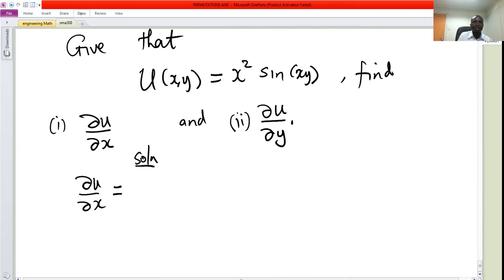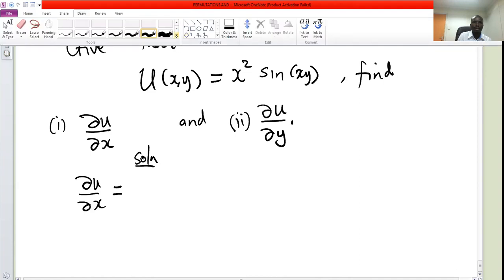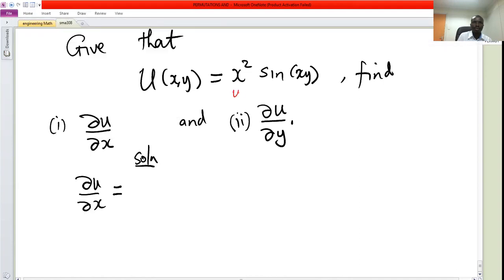So you use the product rule. Taking this one to be u, this one to be v, this will be u prime v plus v prime u. This is a product. So this one with respect to x will be 2x, then multiplied by sine of xy, plus, when you differentiate this one, use the chain rule, differentiate the sine function, you get the cos function.